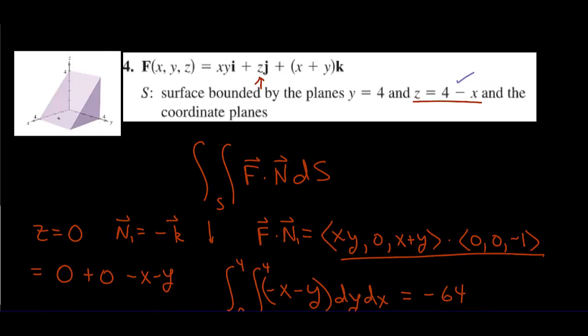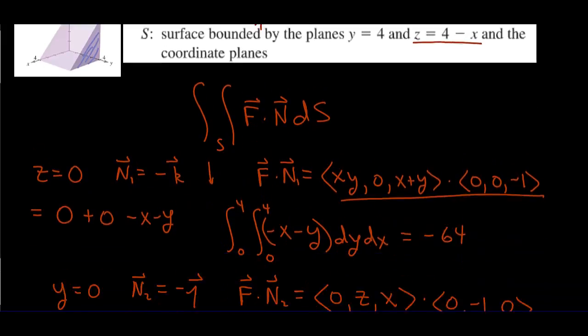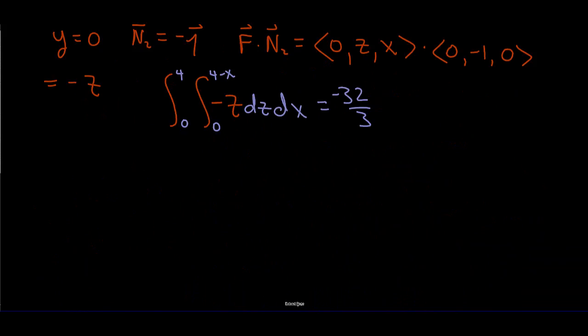So let's see here. While we're talking about the y's, we've considered when y is 0. Well, let's consider when y is equal to 4, because that's a surface over here. That's this surface here. So when y is equal to 4, we'll call that normal 3.